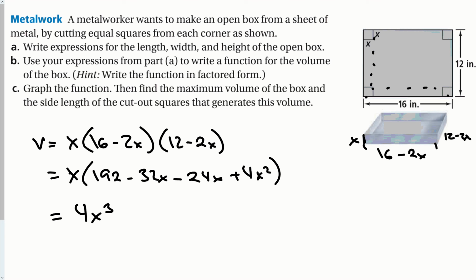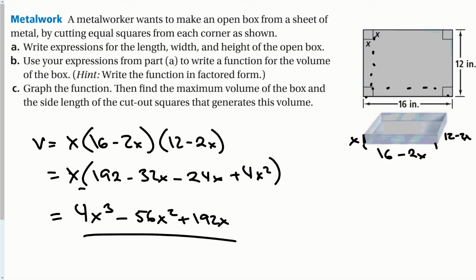These two combine together to give me a minus 56x squared once I multiply the x in there, and then plus 192x. Again, not an easy graph to try to draw. So my suggestion would be a graphing calculator, something like Desmos, that you can graph the function and give it a shot. Graph that and then see where the maximum volume of the box would be.